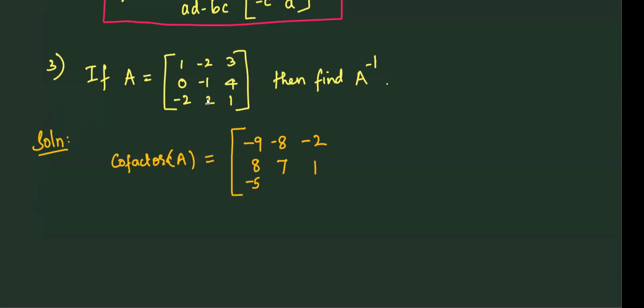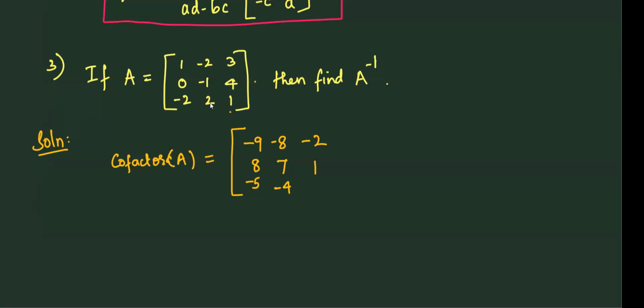I think the previous element where you wrote 1 has to be 2, right? Minus 2. How? 2 minus of minus 2 into 2 is 4, so 2 minus 4 is minus 2. Oh, I'm sorry. For this element, I have to remove the second row and the third column.